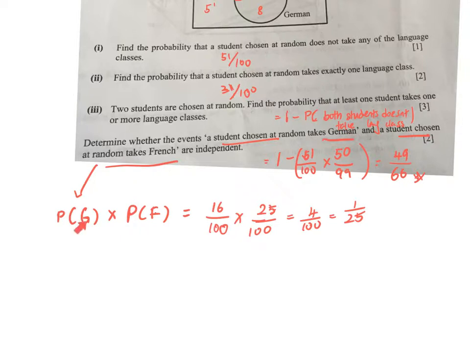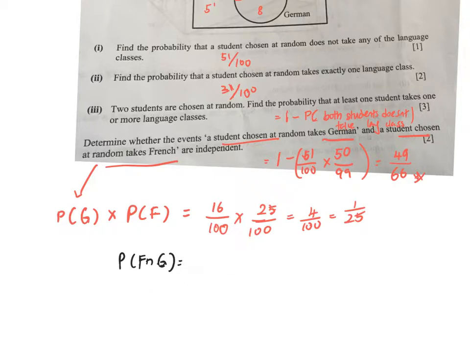Now be careful, because these are two different events, we do not need to put the number 99. We're not going to take the number 99 because this is the probability of a German and the probability of a French. They are not two sequential events. However, the probability of F intersect G, what does it mean? This means that a student chosen at random takes both German and French.